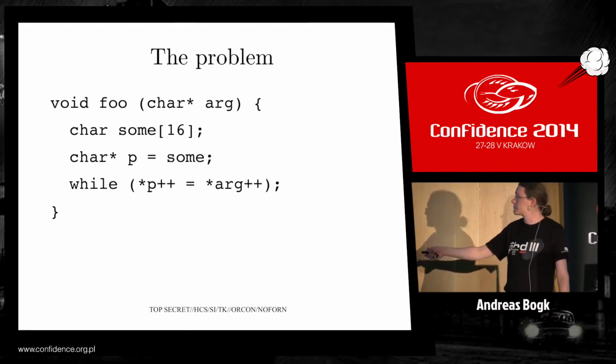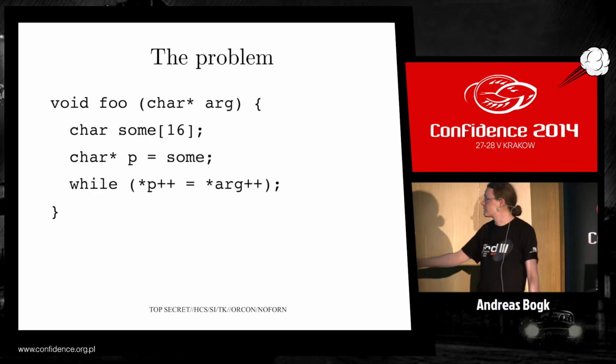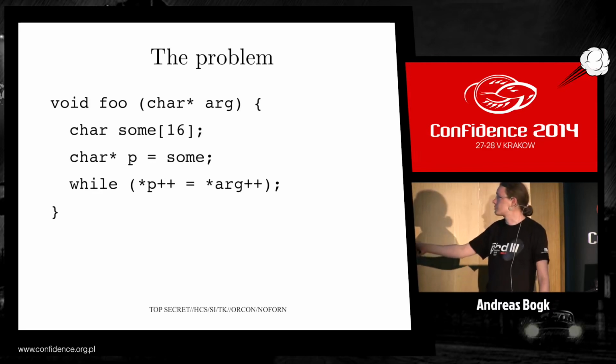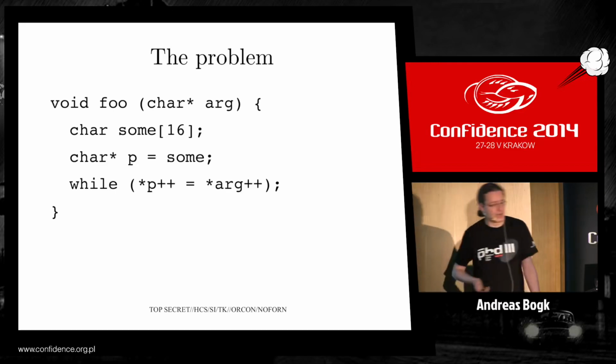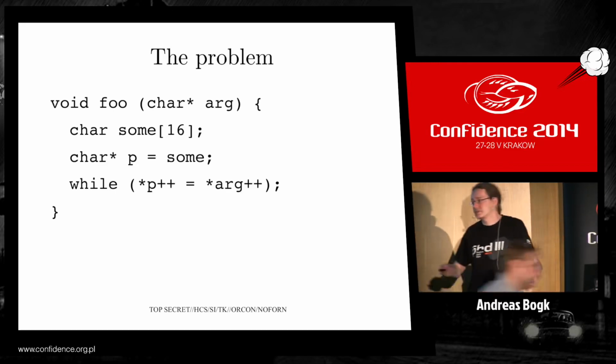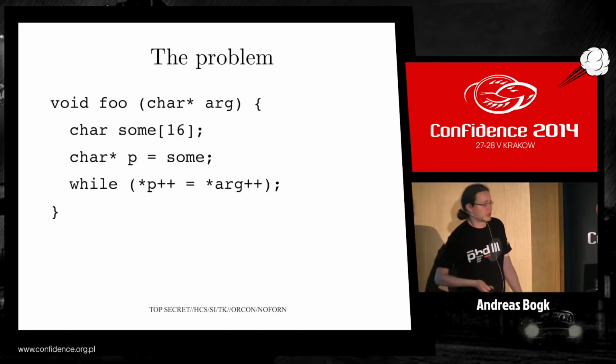You have a buffer here, which is 16 bytes in size. We're getting in an argument, and the argument is a string. It's a pointer to a character, and with this loop, this is copied into this buffer here. So the problem obviously is that this loop goes on as long as the argument is, and it might overflow the buffer here. And if that happens, you can exploit it, right?